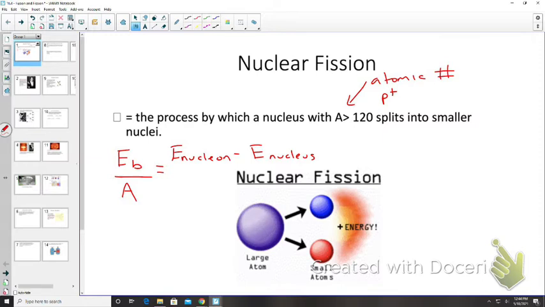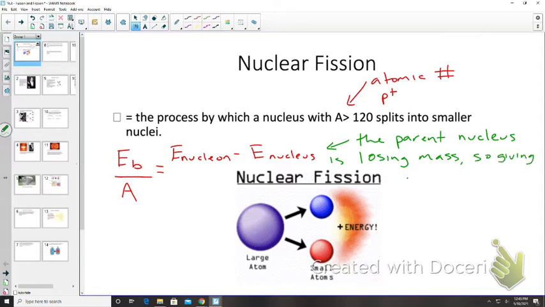In this case, for fission, just one note here: the parent nucleus is losing mass, so giving off energy.